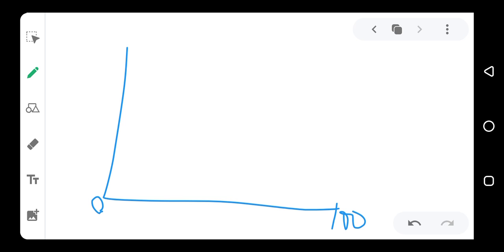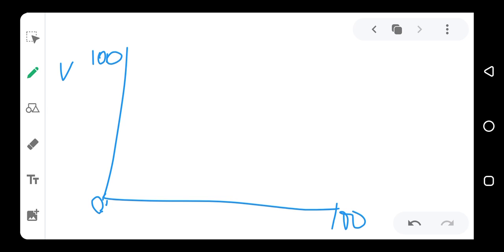Now this point represents the speed. Let's say 100 at the top. Now, if the car starts from the origin, when you start the car, it is not moving.